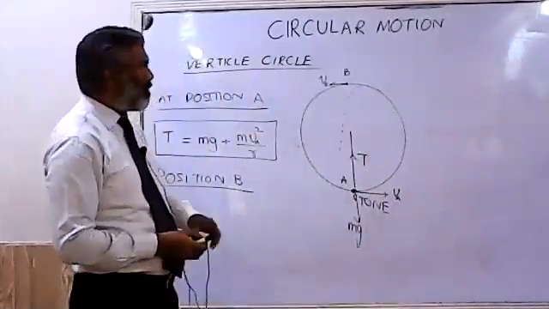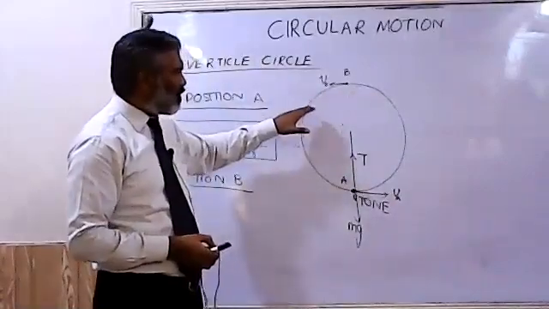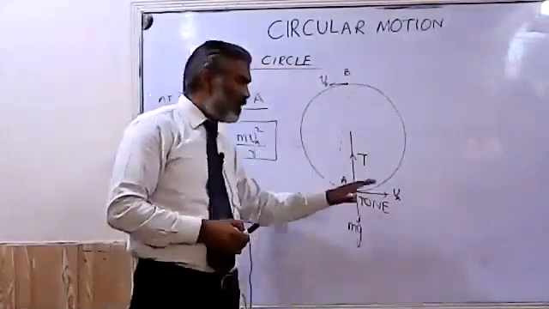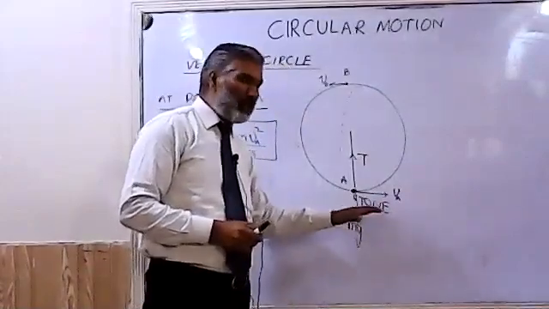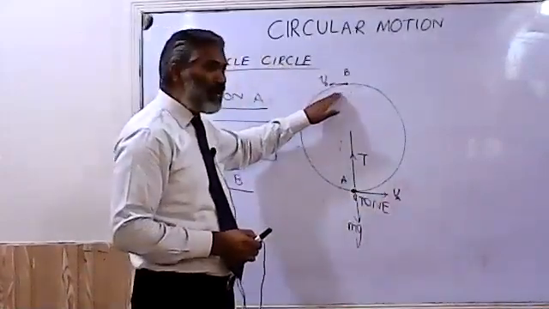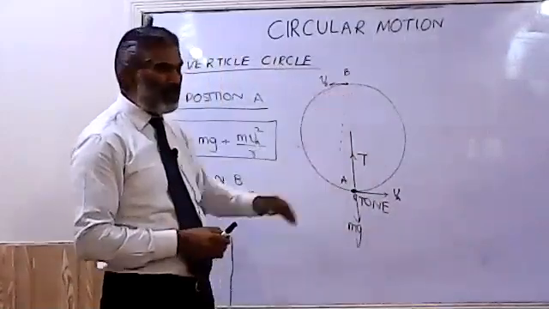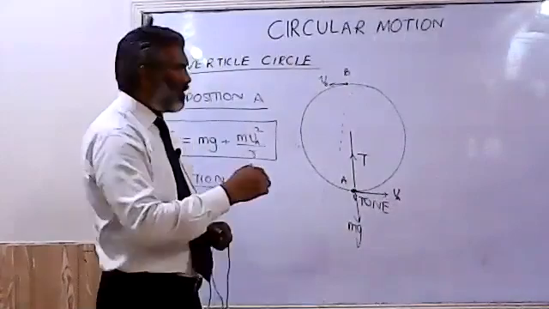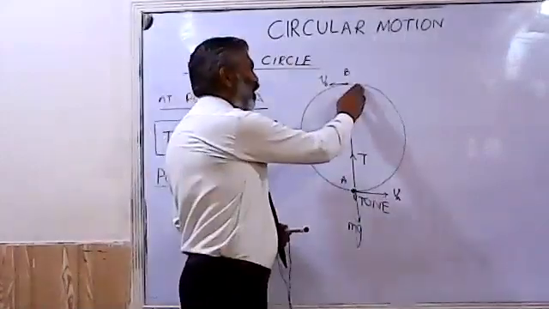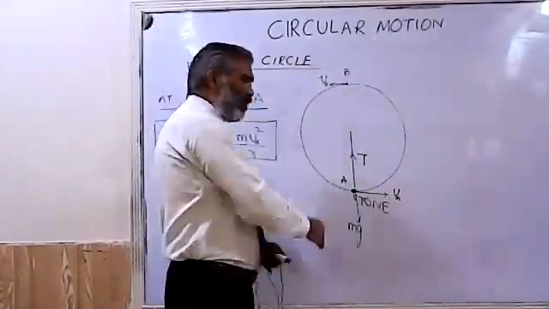So in order to complete the vertical circle, an object must be given a certain speed VA here in order to enable this object to have that minimum speed at this position, so it continues and moves along this path and does not fall vertically.